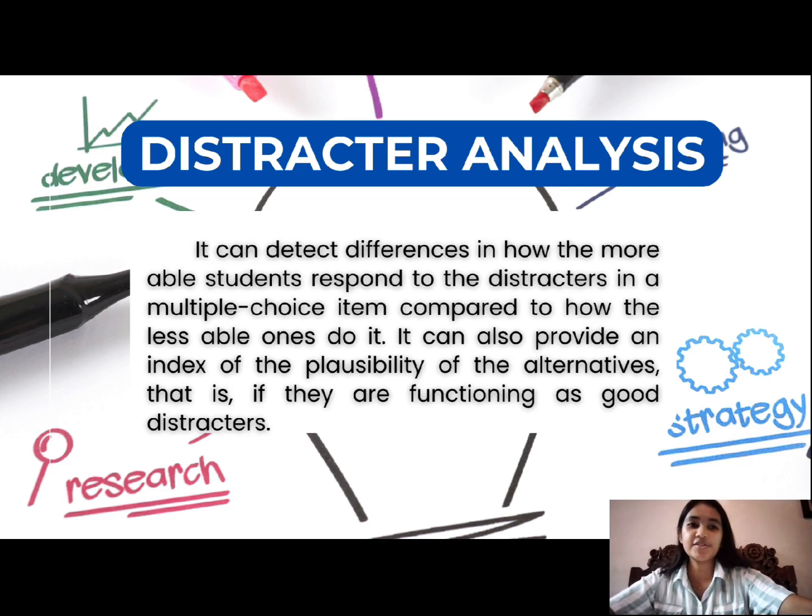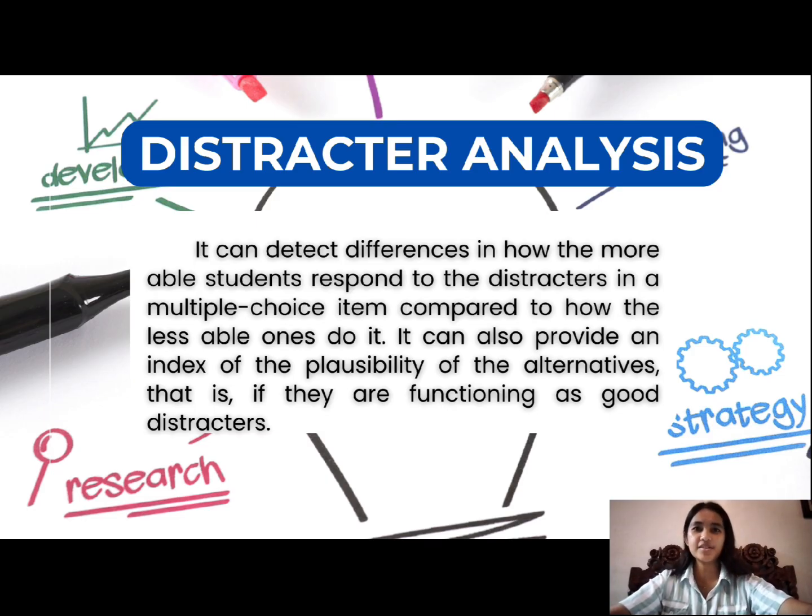So let's move on to another empirical procedure to discover areas for item improvement that utilizes an analysis of the distribution of responses, which is the distractor analysis. The distractor analysis is a method to evaluate the effectiveness of incorrect answer options in a multiple choice test.